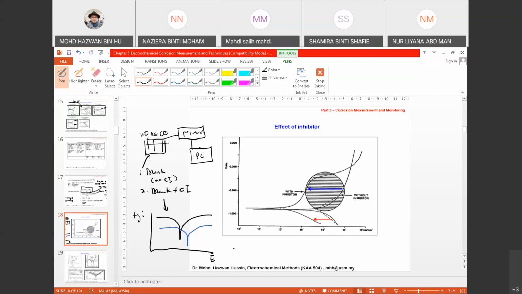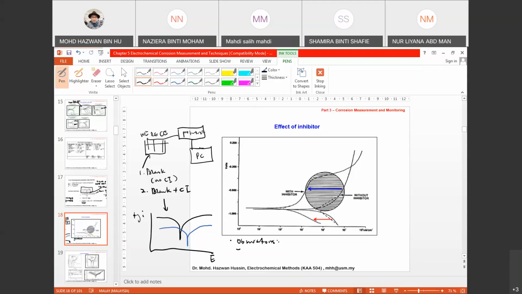Nazira? The overlapping, so we can count... The overlapping, we can count what? Not sure. Okay. Who else?